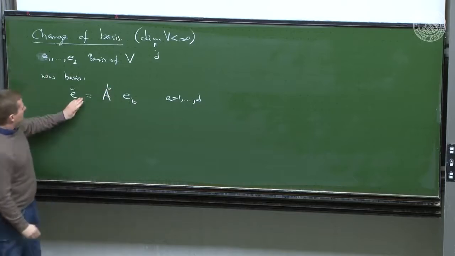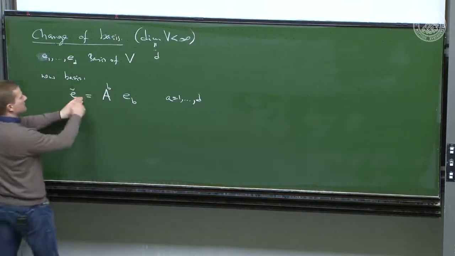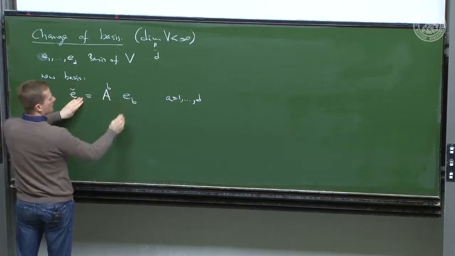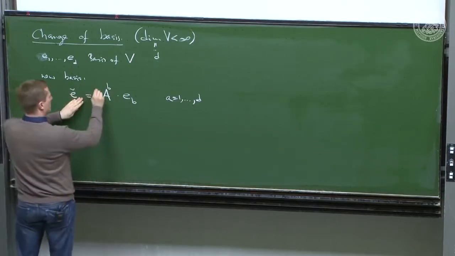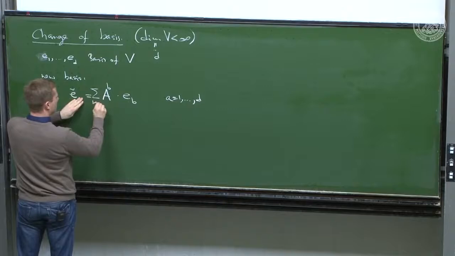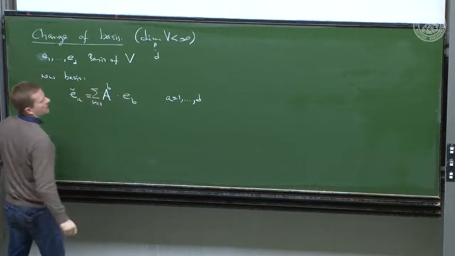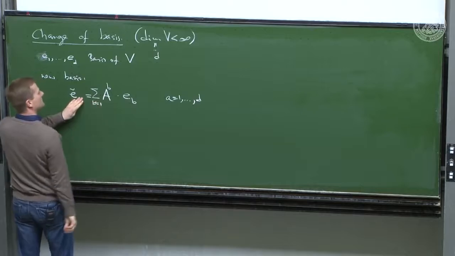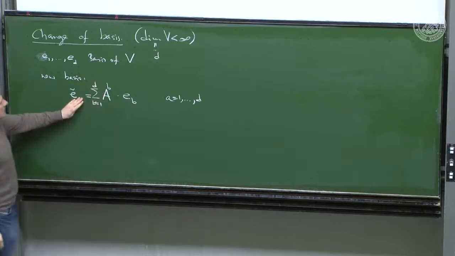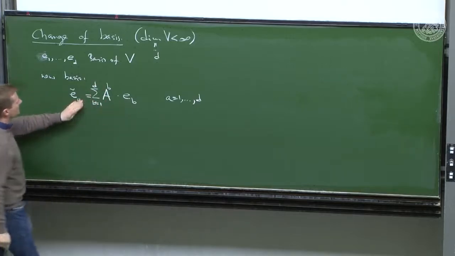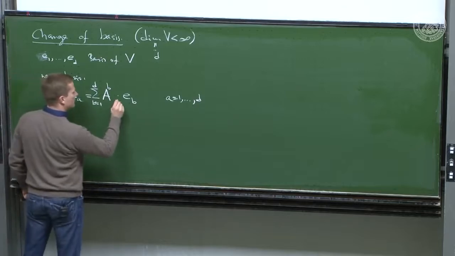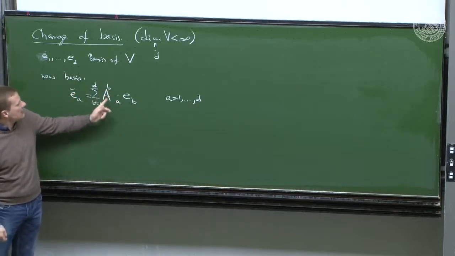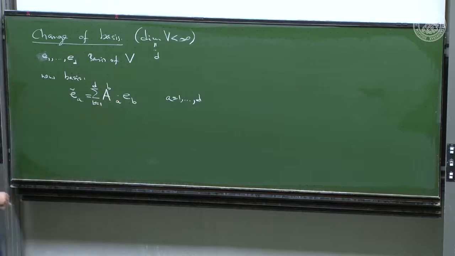You take a vector E twiddle, and you can express it with components, which I now call A, in terms of these guys, and you take a sum over B equals 1 to D. This is a linear combination, and of course you have to do this for every new vector, so actually you have components for every A, so this object gets 2 indices.